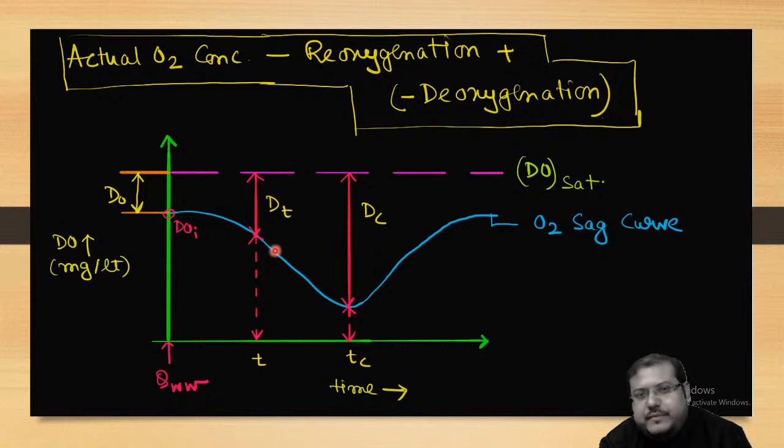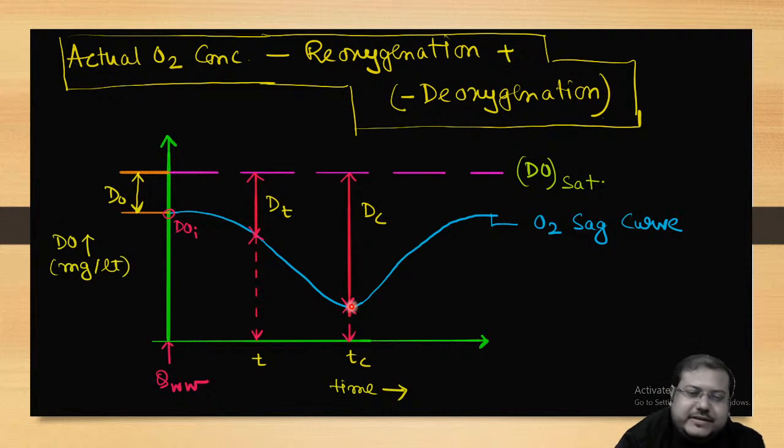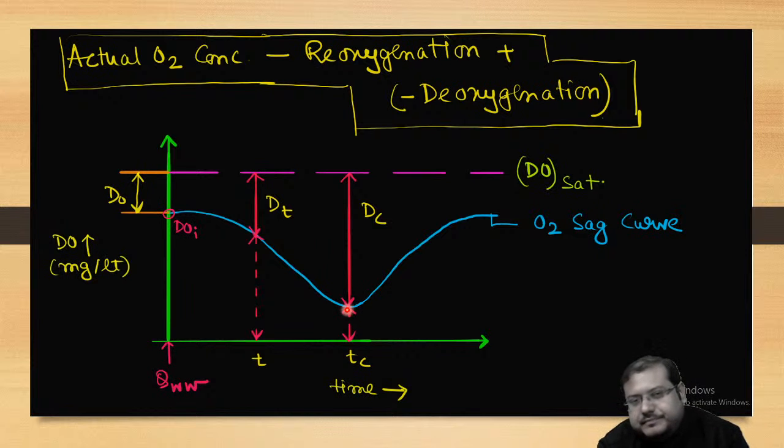अब देखिए, from the curve itself it is evident that at a particular time the concentration of oxygen is minimum among others. जहां पे concentration of oxygen minimum होते हैं, वहां पे deficit of oxygen will be maximum. क्योंकि जहां पे कंसंट्रेशन जितना कम, डेफिशिट उतना ज्यादा, तो जहां पे कंसंट्रेशन सबसे कम होगा, वहीं डेफिशिट सबसे ज्यादा होगा, करेक्ट। So Dt is the deficit in oxygen concentration at time t, and Dc is the maximum of all Dt, and that is called the critical deficit.